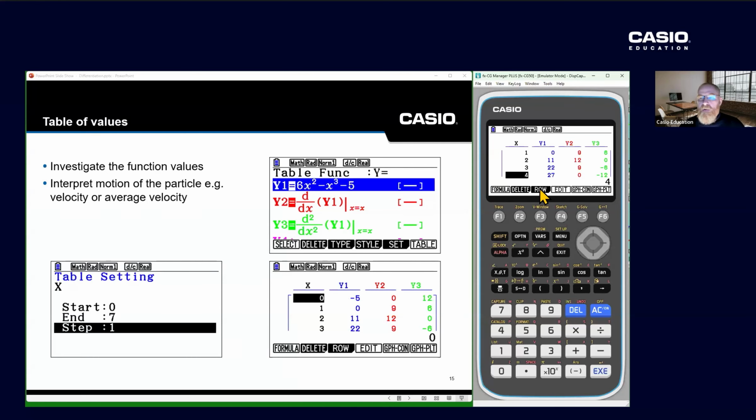You can interpret the motion of the particle using these values. You can also, if you wanted to, as you would expect within table mode, just enter a particular value and re-evaluate. It should be pointed out, however, that when you have values in the table, they are truncated.